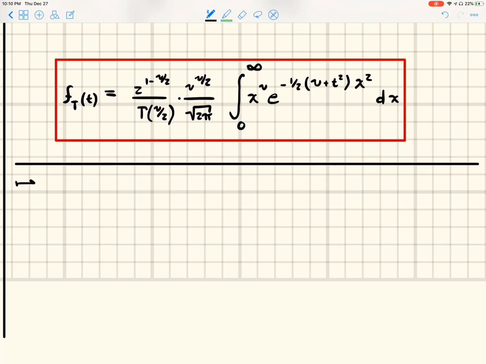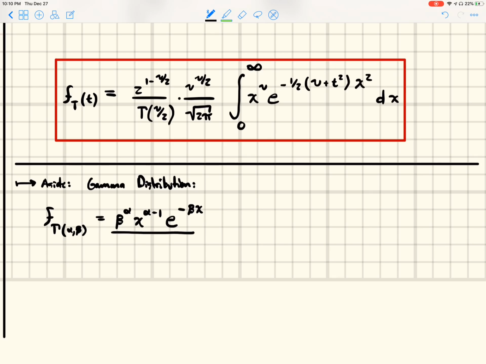So this is a bit of an aside, and we'll need to know about the gamma distribution. Now the gamma distribution is defined to be this: beta raised to the eta, x^(eta minus 1), times e to the negative beta times x, all over gamma of eta.